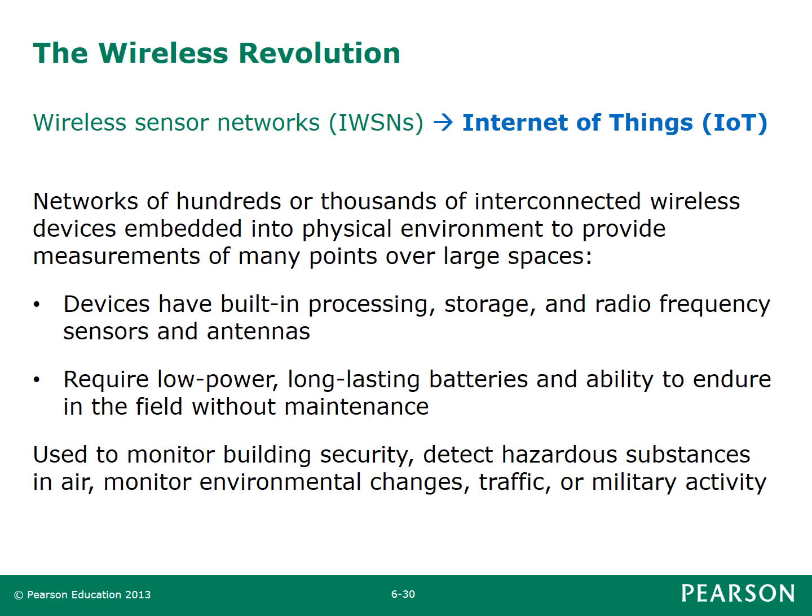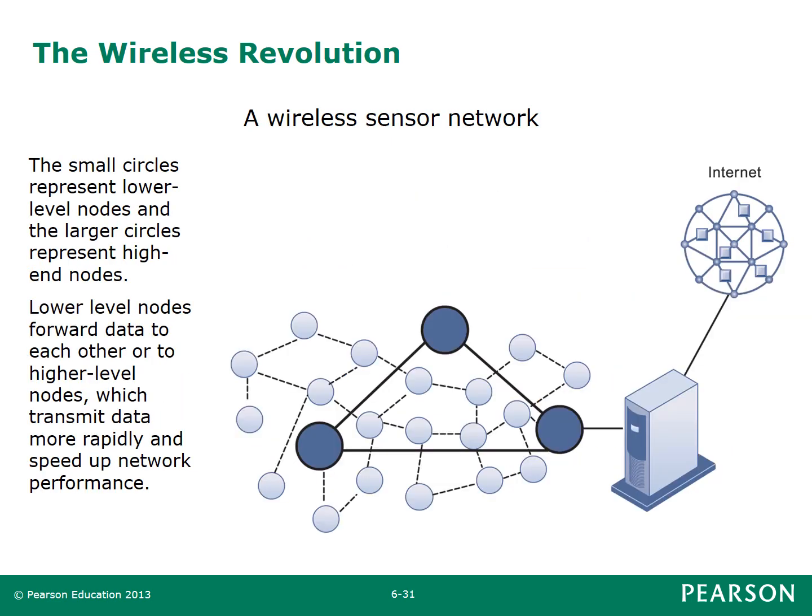The intelligent devices are often called smart devices. In this figure, the lower-level nodes and the higher-level nodes are at work in a wireless sensor network. Note that the server that receives data from the sensors acts here as a gateway based on internet technology in order to connect other remote servers.